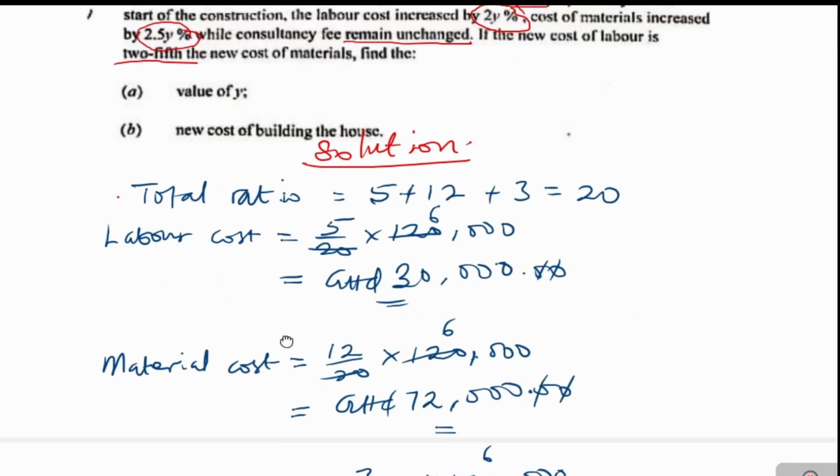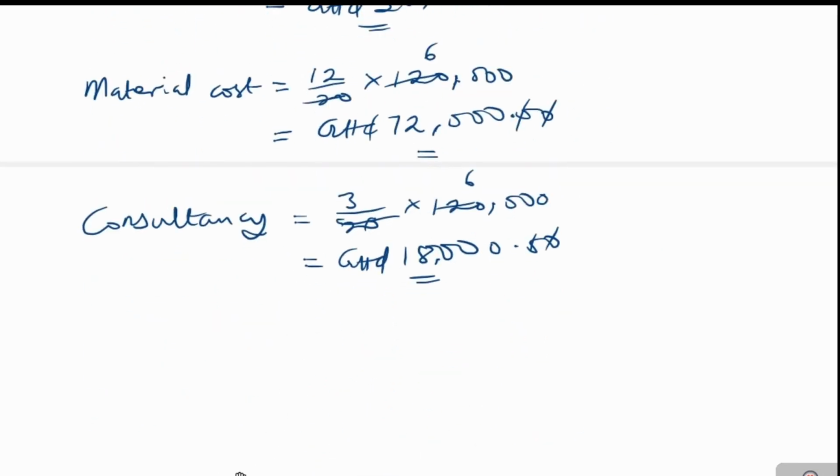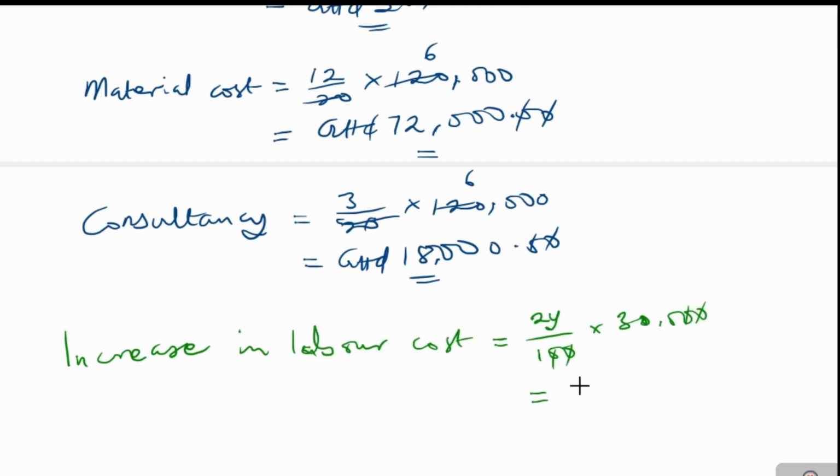Cost of materials increased by 2.5y%. So we will come back to find the increase in the cost of labor. 2y times 300 will give us 600y. So 600y in terms of money is 600y Ghana cedis.